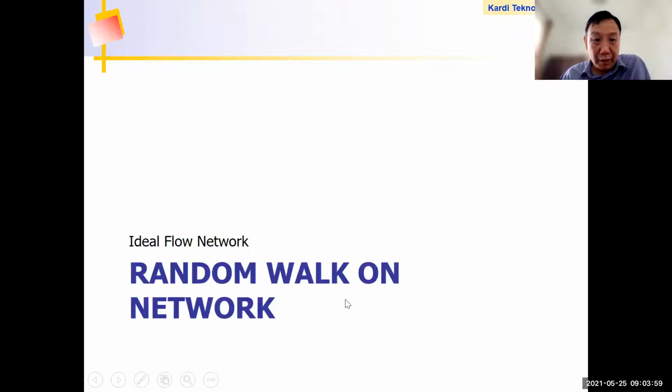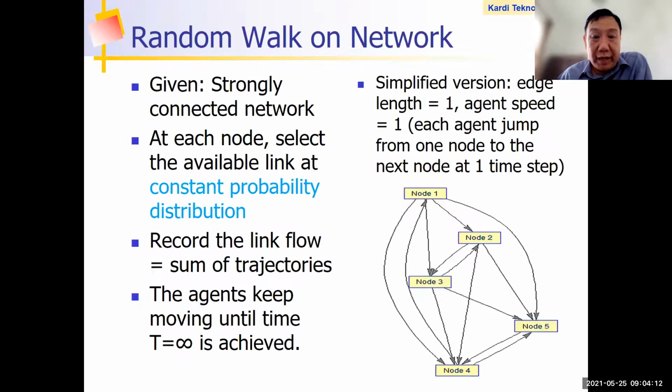Okay, let's go to the next topic, which is random walk on network. In a random walk on network, you have a path rather than a cycle. Say, given a strongly connected network, in each node you select the available link with a constant probability distribution, and then we record the link flow as the sum of trajectories on that link.